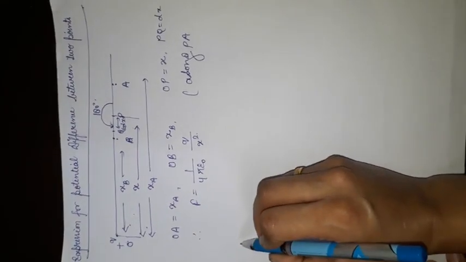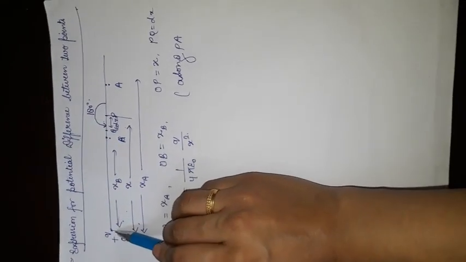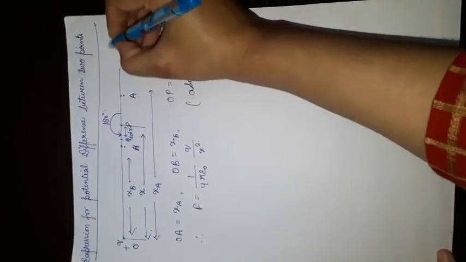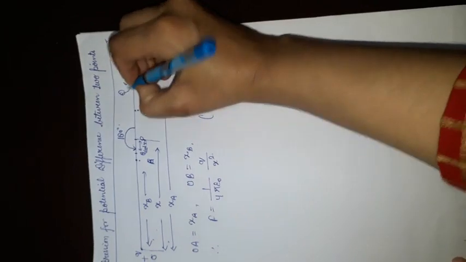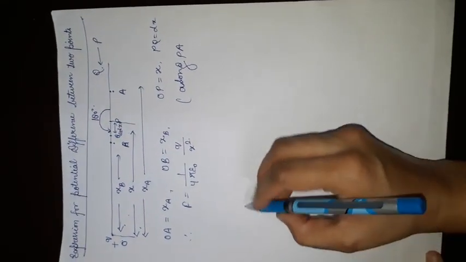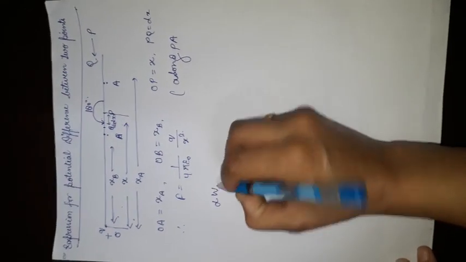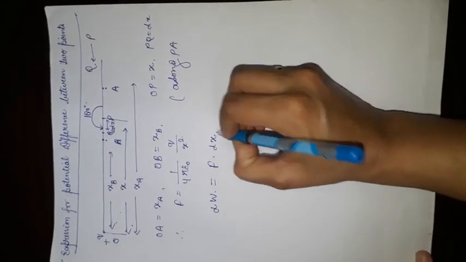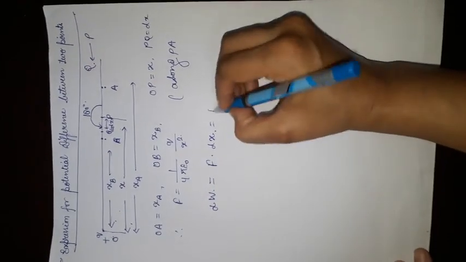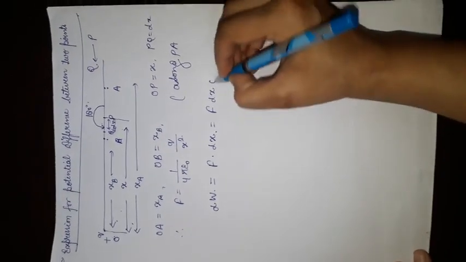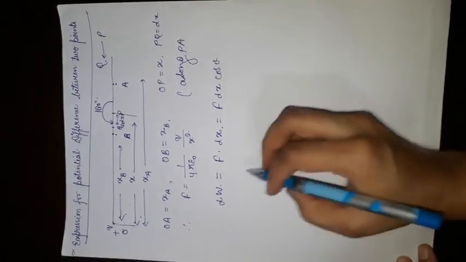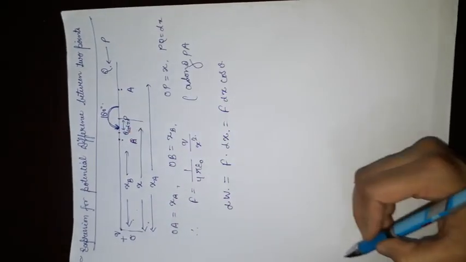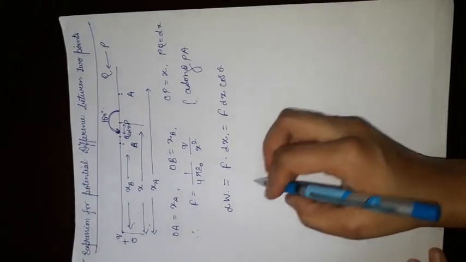Small work done in moving test charge from P to Q. Charge is moving P to Q. So small work done will be dW equals F into dx. So we can write F dx cos theta, because we are doing P to Q, so theta will be 180.